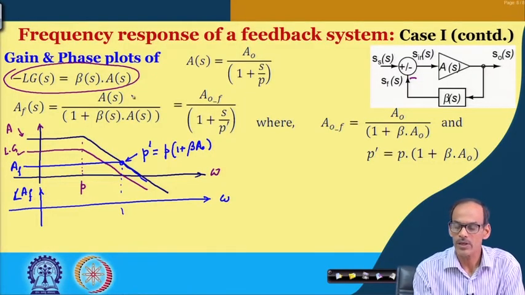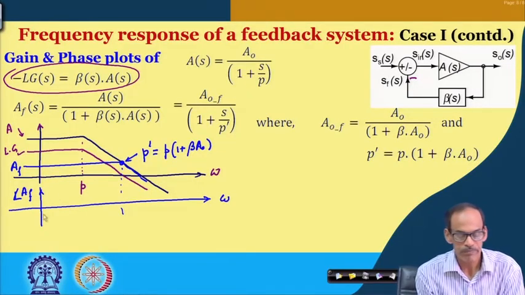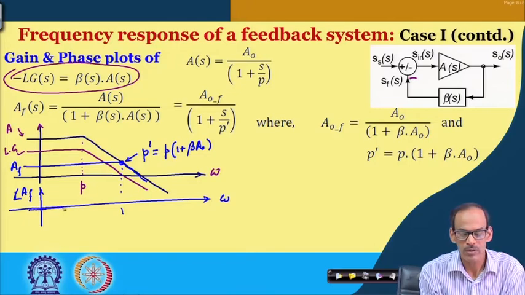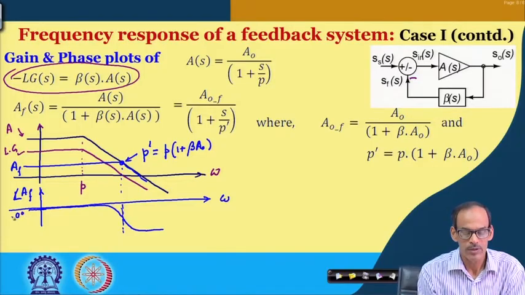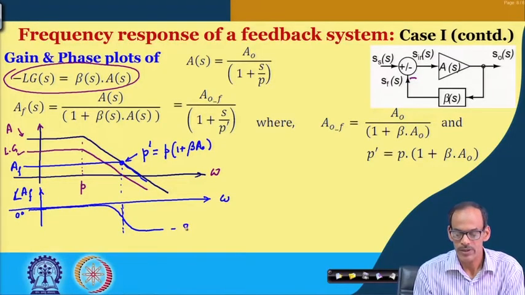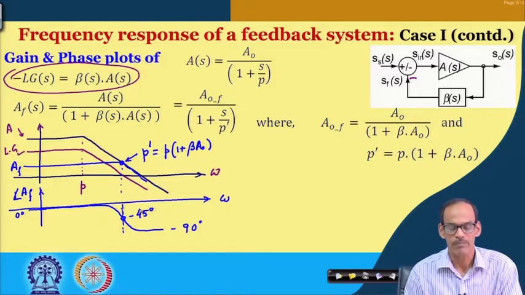So, if you see here, till this frequency the phase is almost 0, and then once it is approaching the pole, it will be getting shifted to minus 90 degree. So, it is going from 0 degree to minus 90 degree, and at the location of the pole it is minus 45 degree.